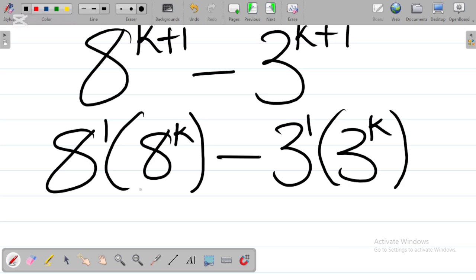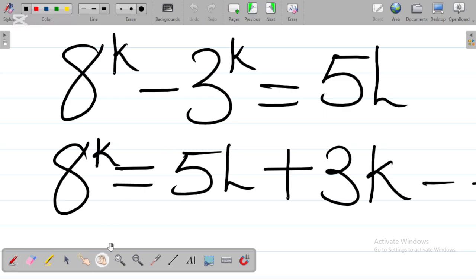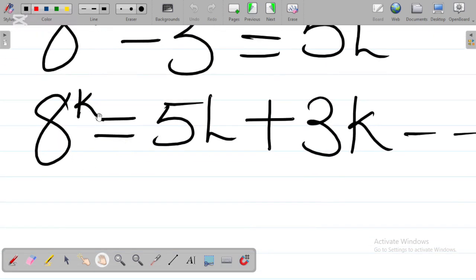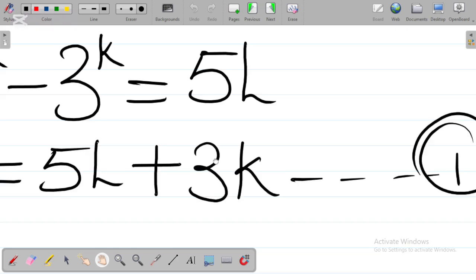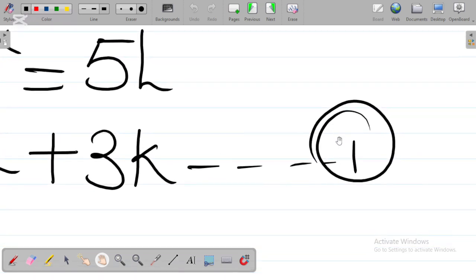Alright, at this point, we are going to substitute the value of 8 raised to the power k. Let's check the previous calculation. Remember that 8 raised to the power k is equal to 5L plus 3^k, which we called equation 1.